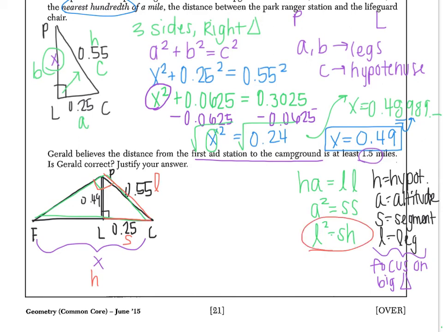L squared equals SH. So I'm going to just plug in, I have L squared equals SH. Remember, L is 0.55 squared equals the segment 0.25 times the hypotenuse, x.